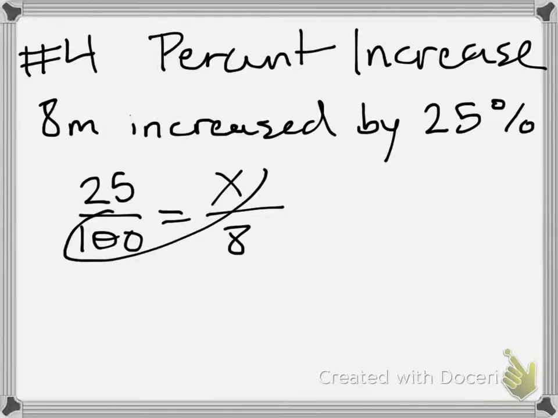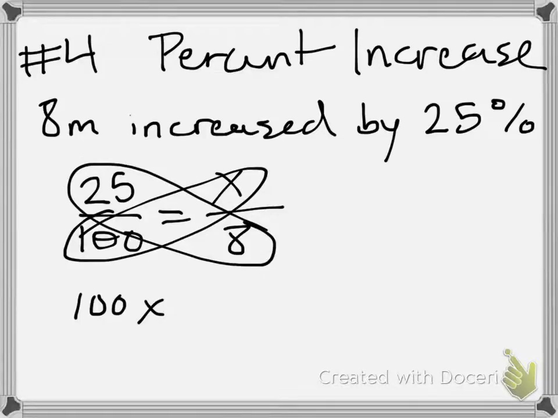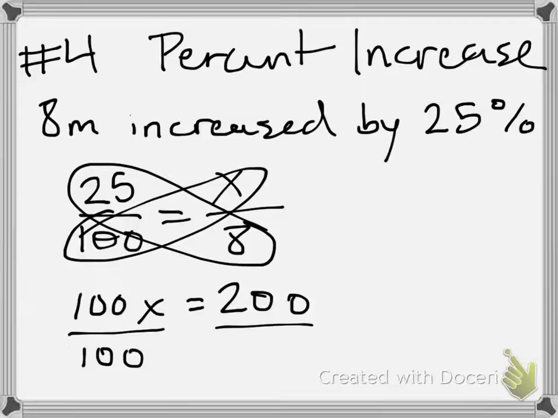We're going to cross multiply. 100 times x is 100x, and 8 times 25 is 200. Now remember we're trying to get x by itself, so we're going to divide both sides by whatever's next to that variable, so 100 in this case. These hundreds cancel out, so we're left with x equals 200 divided by 100, which is 2.